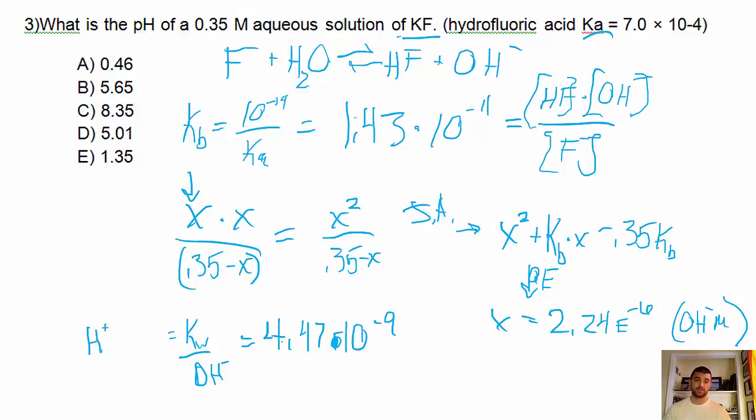So that's my H plus concentration, and now pH equals negative log of that number, 4.47 times 10 to the minus 9, and I get the answer being 8.35 for my pH. That one was kind of a difficult one. Sometimes it helps just to start doing stuff.